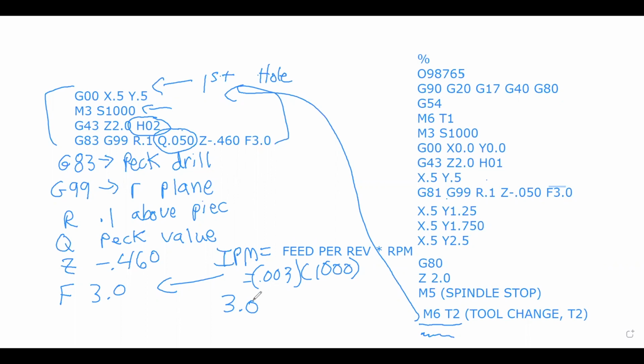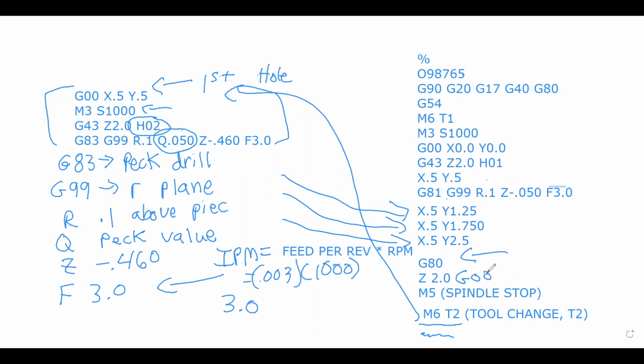So after our G83 line, we will just continue to plot our points like these. So you will have a list of points under your G83, and then you will write a G80 code after your last point. You'll do a Z 2.0. We'll put a rapid in there.